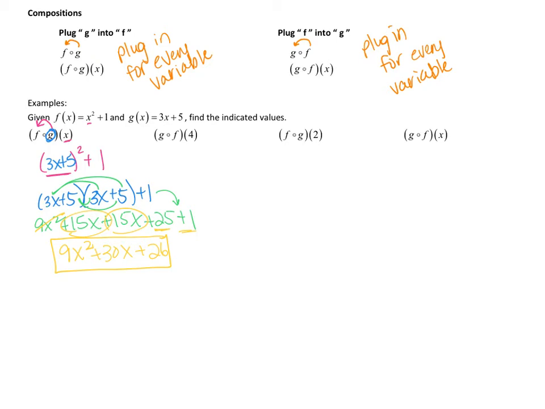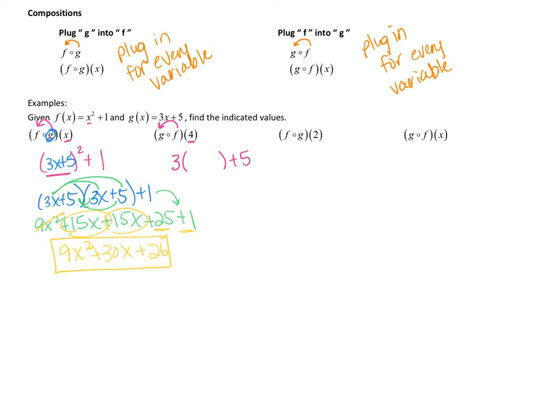This one's going to be a little bit different because not only am I plugging f into g, but I'm going to substitute the number 4 in for that. Okay, so let's see what that would look like. So the first thing I'm going to do is start writing the function g, but instead of the letter x, I'm going to put a parentheses, plus 5.